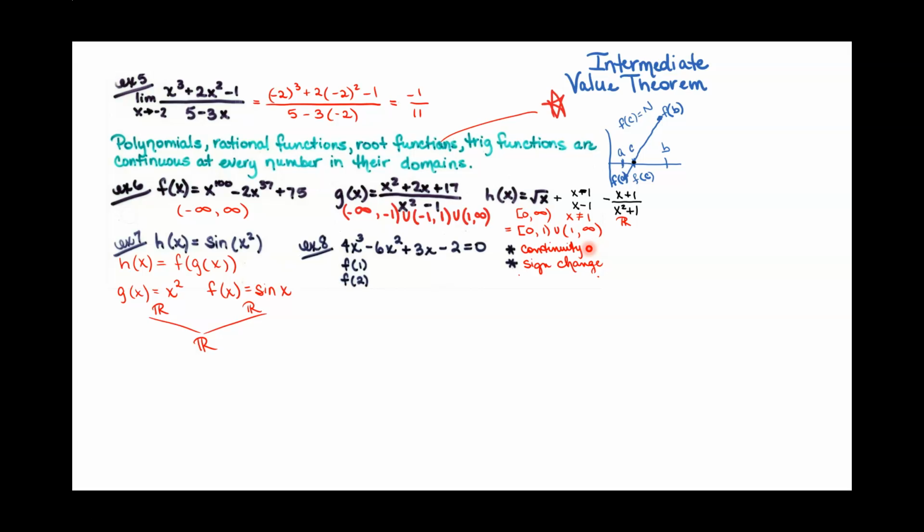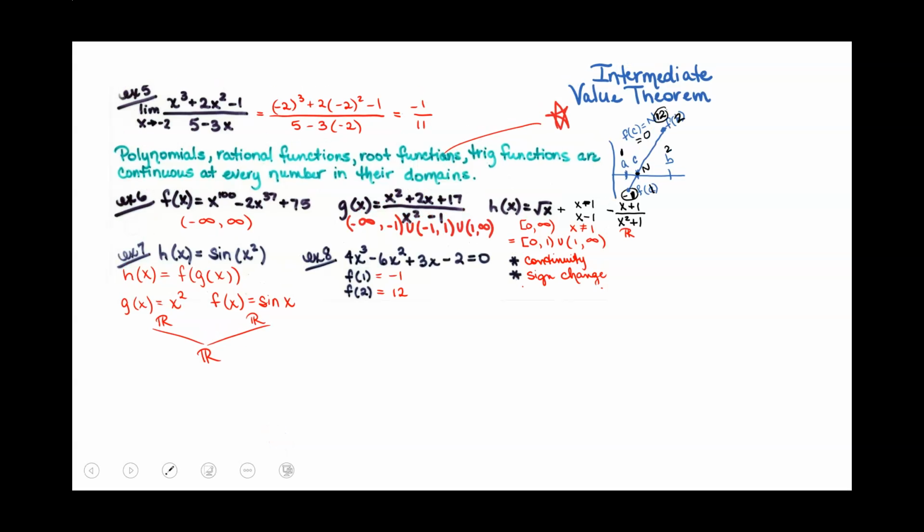So let's go through and let's take 1 and plug it into the function, and take 2 and plug it into the function, all right? So if we plug in 1 and 2 into that function, we're going to end up with -1 and positive 12. So basically, you've got the point (1, -1), and you've got the point (2, 12).